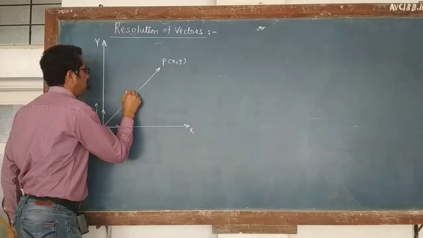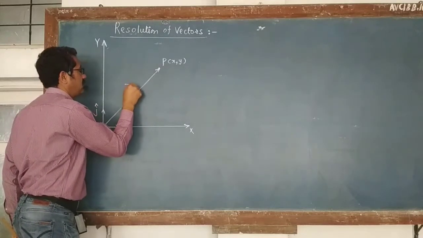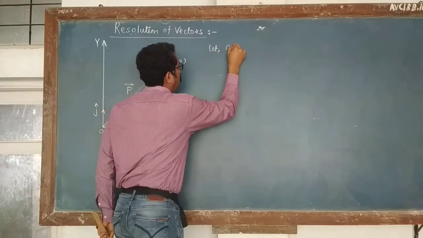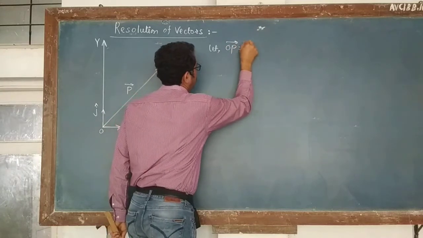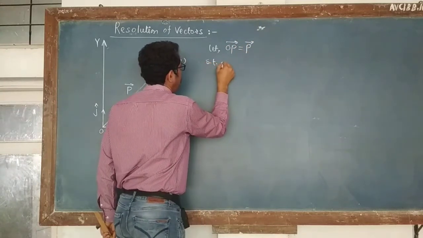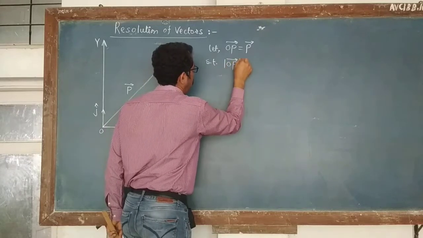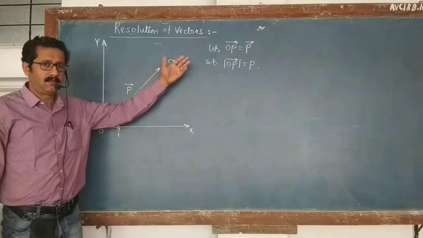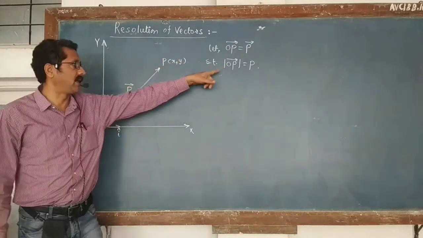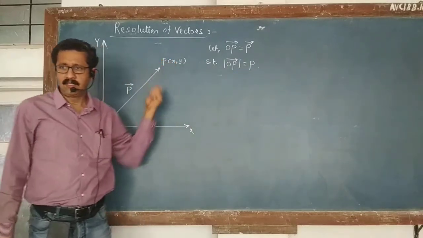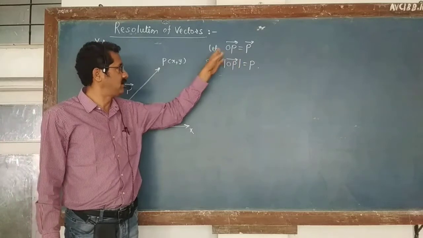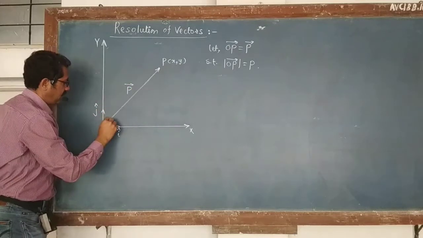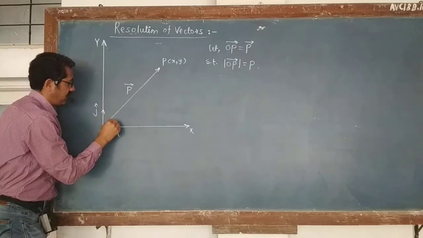Its magnitude is something called P, and I represent that vector as vector P. So let vector OP be considered as vector P, such that the magnitude of vector OP is equal to P. That means its length, it may be some 10 units, I do not know. If the magnitude is 10, then its magnitude is equal to 10. If this magnitude is equal to 15, I will say that this vector OP has magnitude equal to 15, such that this point P has made some angle theta with the positive part of the x-axis at the origin.